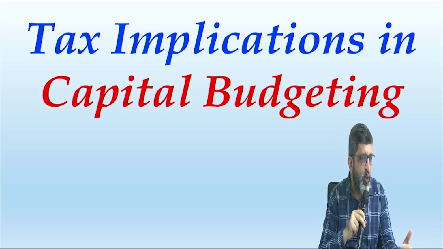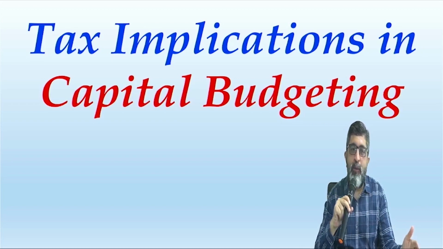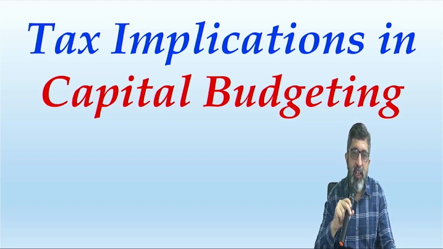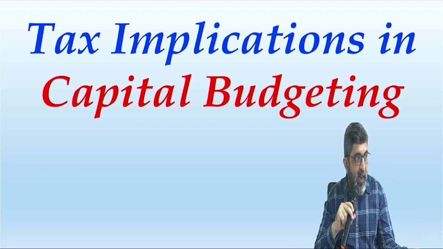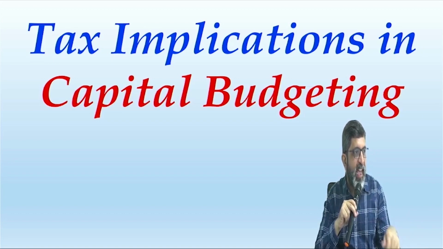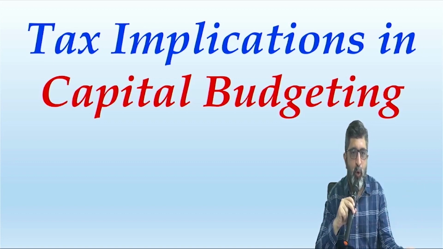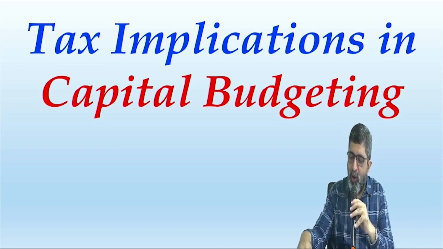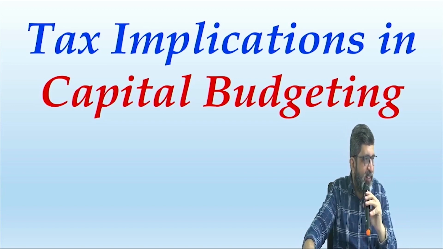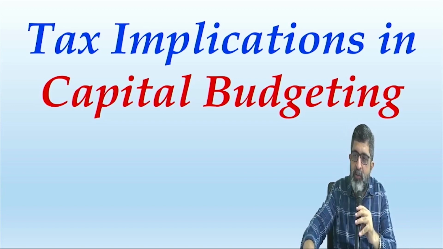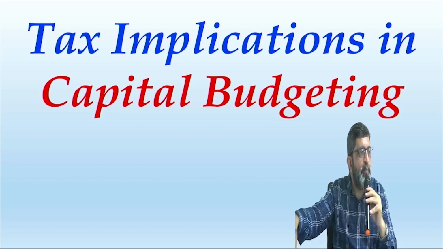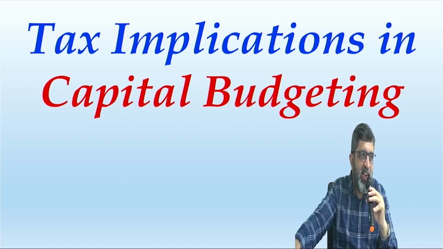How many points did you write? In total 10 points. With those 7 points, I made you write the notes first and then I explained. With respect to points 8, 9, 10, I explained first and then gave you notes. When you sell a capital asset, the WDV of that asset will be compared with what? Sale value of the asset.